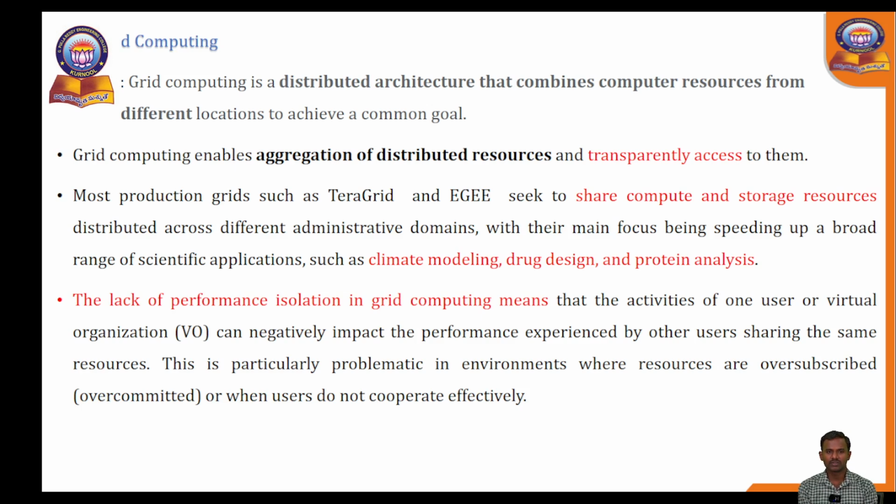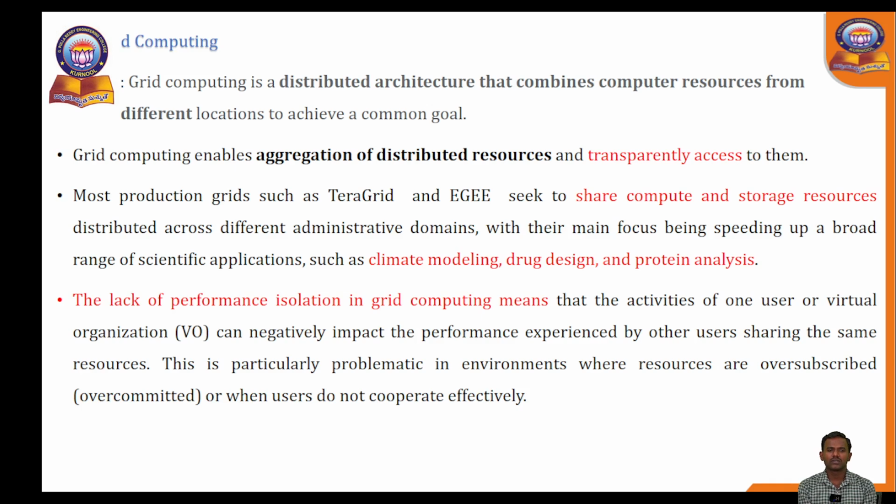Some examples we consider: TeraGrid and EGEE seek to share compute and storage resources distributed across different administrative domains, with the main focus of speeding up a broad range of applications such as climate modeling, drug design, and protein analysis. These are the common applications performed with the help of grid computing.